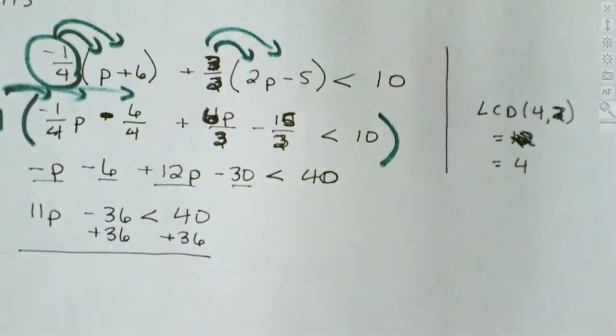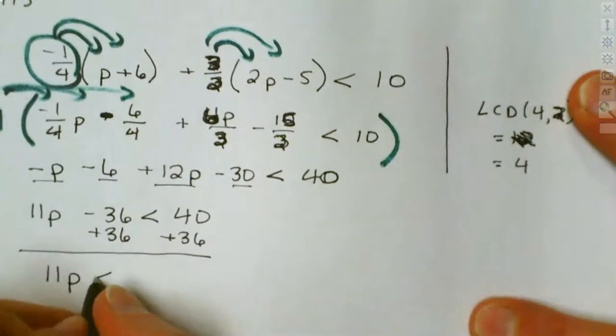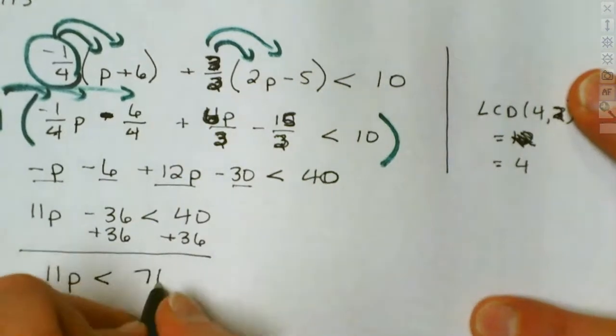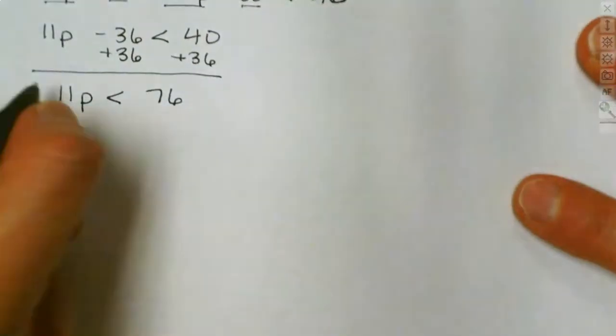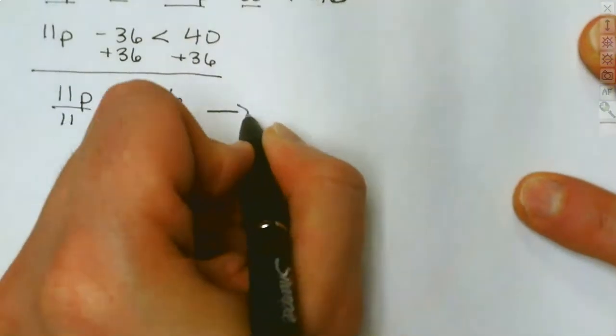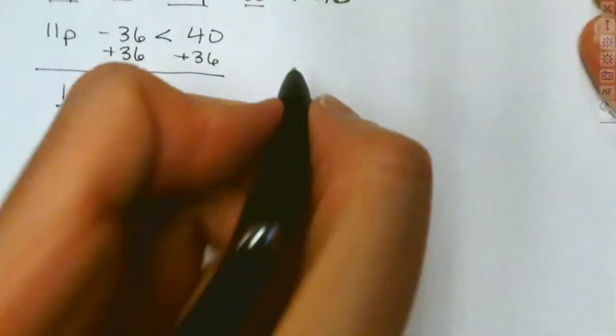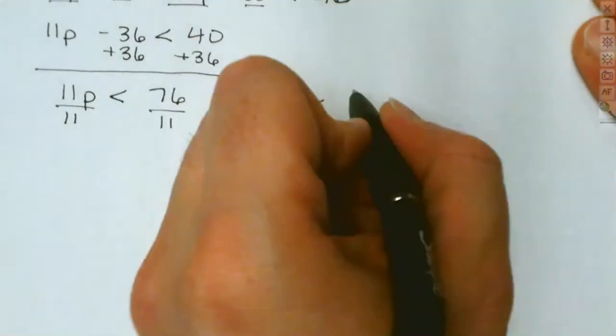Make sure I didn't make any mistakes. It doesn't look like I did. So we're going to go ahead and add that over. That's going to make that 11p is now less than 76. We're going to divide by my 11. Am I going to switch my inequality symbols? Yes or no? No. Why not? We're dividing by a positive number, so the inequality symbols stay the same.